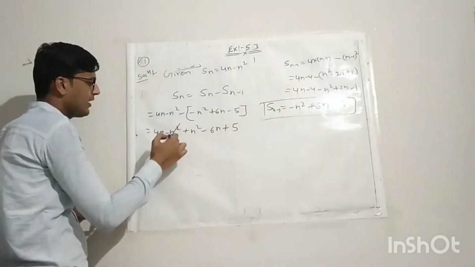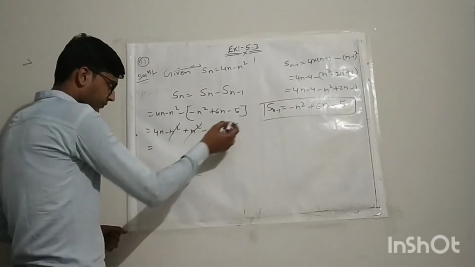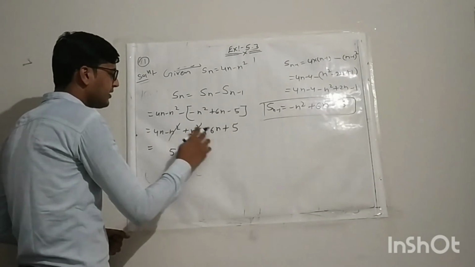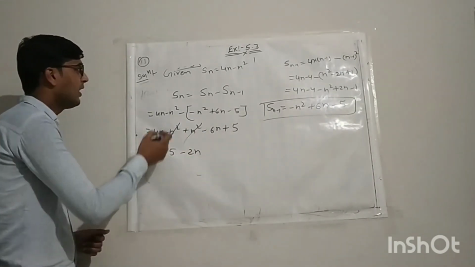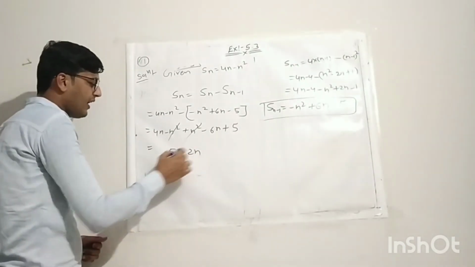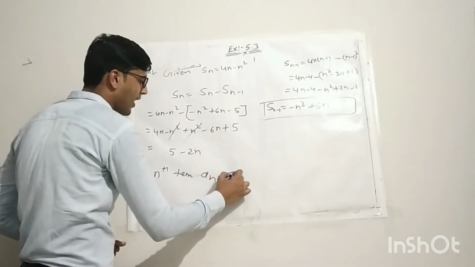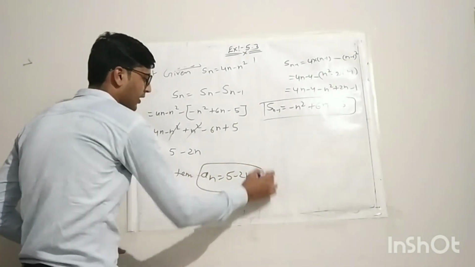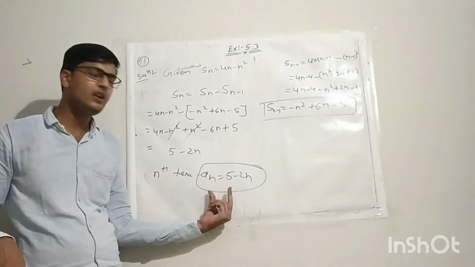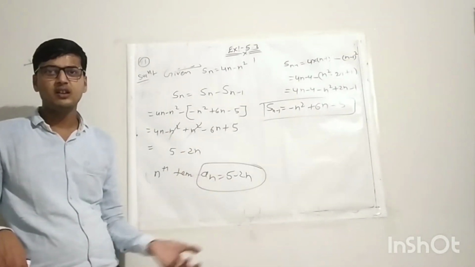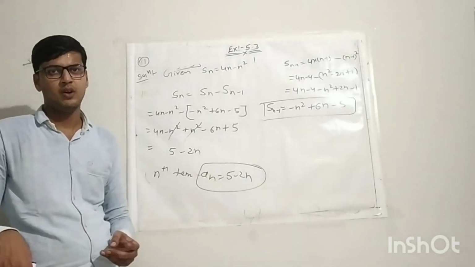So minus n squared plus n squared cancel out, and 4n minus 6n becomes minus 2n, plus 5. So the nth term, an, is 5 minus 2n. Okay, so we follow this process to find the 10th term, third term, second term and first term. Okay, thank you.